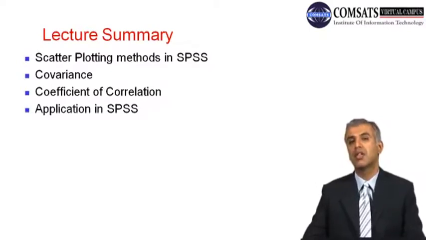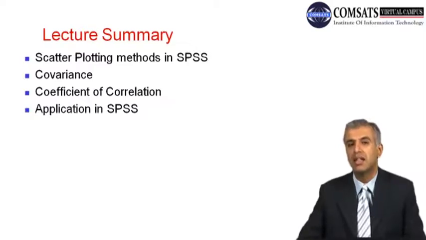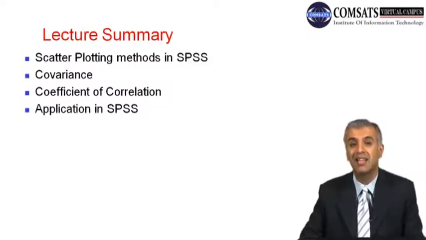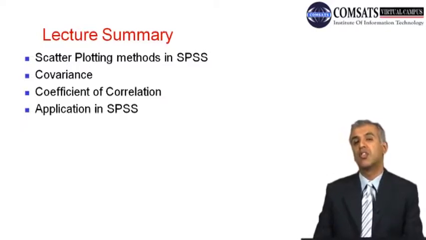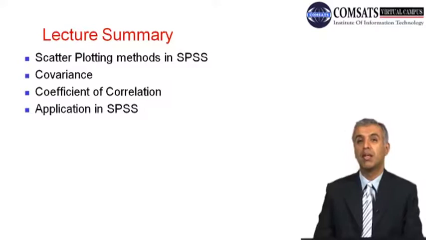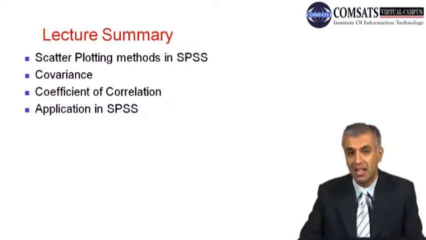So in this case we will be doing the regression analysis, which is a more sophisticated analysis, and that analysis takes into account and gives us the sense of direction and tells us which variable causes another, or which variable is predicting the other variable.